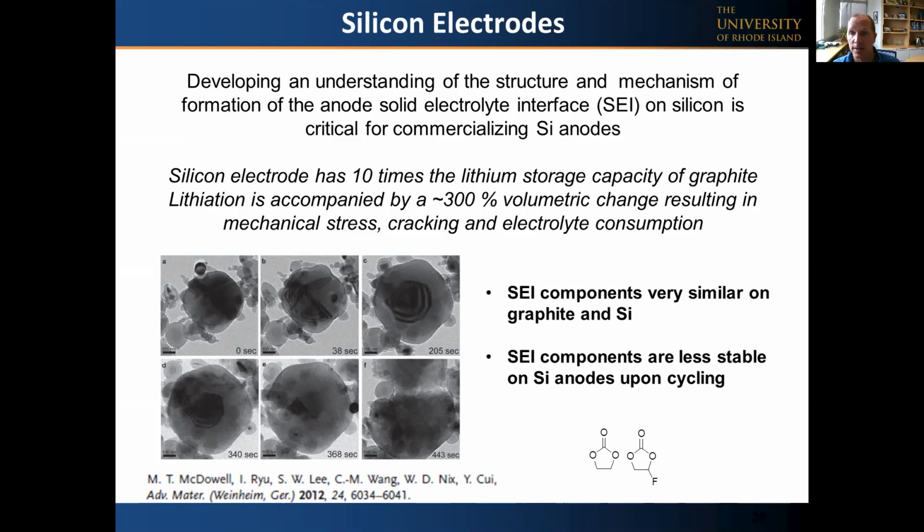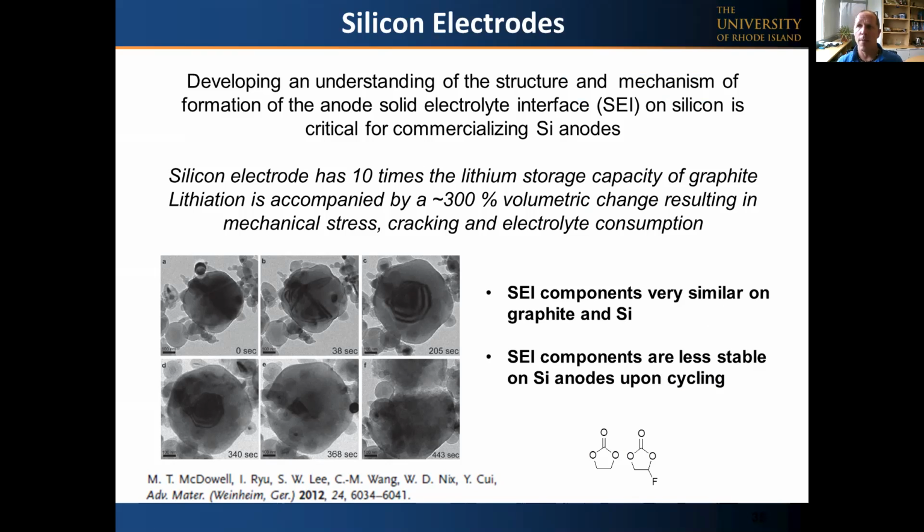And this generates a significant problem due to the mechanical stress of the electrode laminate, cracking of the silicon particles, and electrolyte consumption with the generation of a constant new SEI on the surface of the largely expanding and contracting silicon particle. So the SEI components are very similar on graphite and silicon. However, the SEI components are less stable on silicon anodes upon cycling.